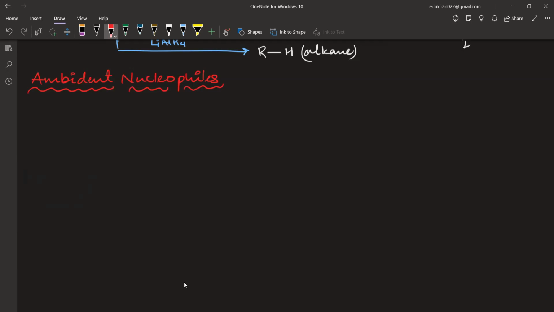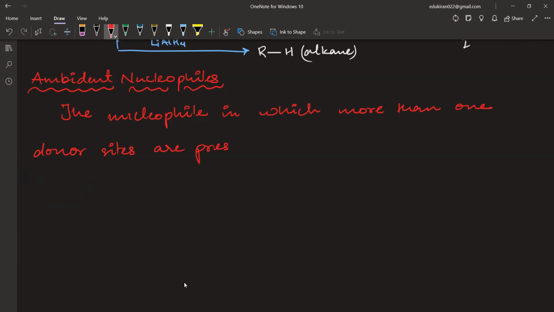Okay, please write. The nucleophile in which more than one donor site, more than one donor sites are present, more than one donor sites are present for chemical reaction.